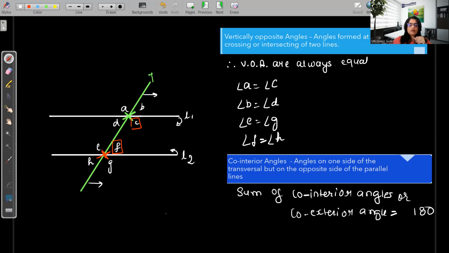Which means here we can say that angle C plus angle F will give you 180. They are not equal, okay? Their sum is 180. On the same side, you can say angle B and angle G. So angle B plus angle G, they are also equal to 180.